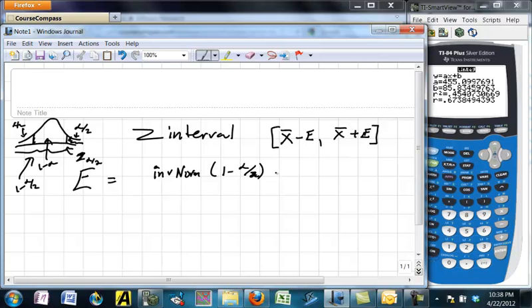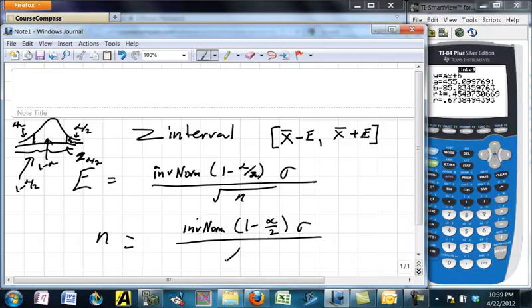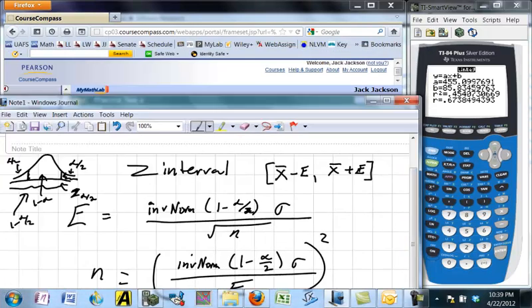So we have to multiply this by the standard deviation, which is our sigma for all the x's, but we're dividing by the square root of the sample size. So you use this formula in this form to find the error, solve for n, and we see n is inverse normal of 1 minus alpha over 2 times sigma over e, and then square the whole thing. So we're going to use this formula in our particular case here.